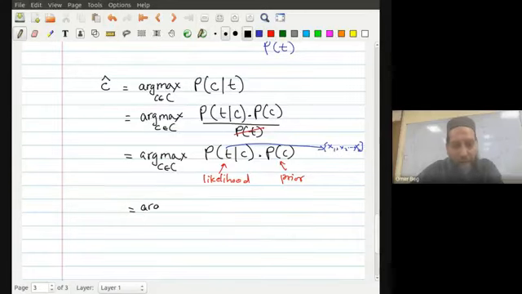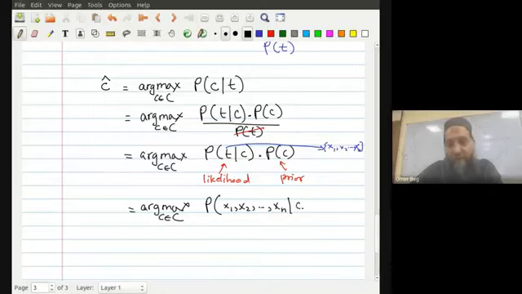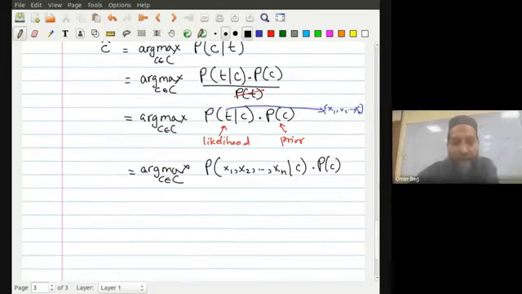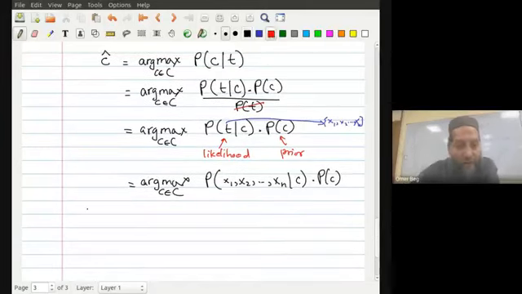So I'm going to do argmax over the class C, and say: what is the probability of words x1, x2, and so on, and these can be other features as well, right now I'm just using words, given class C, and what is the probability of this class C itself?